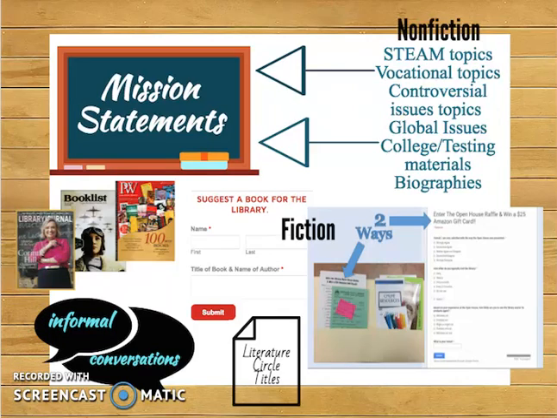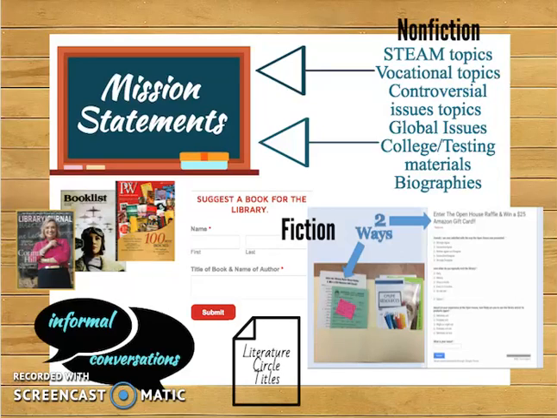I put down informal conversations because we often forget about them, and they're actually so important. It's those organic moments when you're talking to someone and realizing what they're trying to do with their kids, and that's when you can write down so many ideas for books.